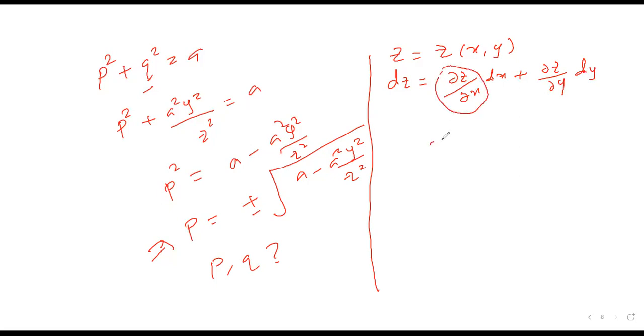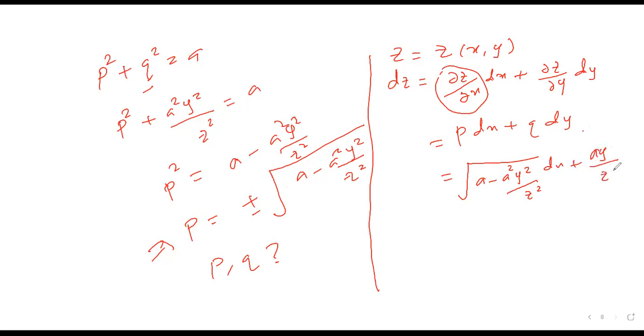We know this is the notation p dx plus q dy. So let's substitute this p and this q, taking only the positive terms and avoiding the negative ones: the square root of a minus a squared y squared over z squared dx plus ay over z dy. This is p, this is q.